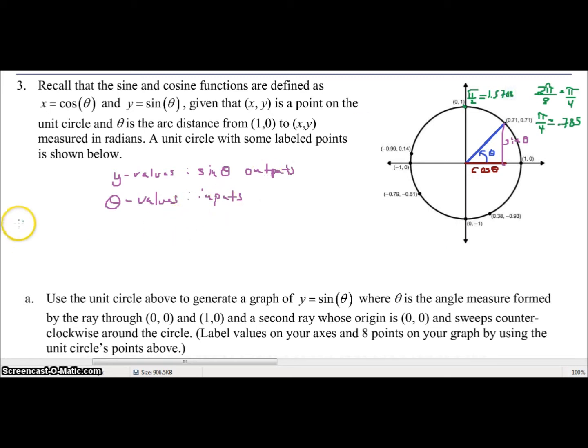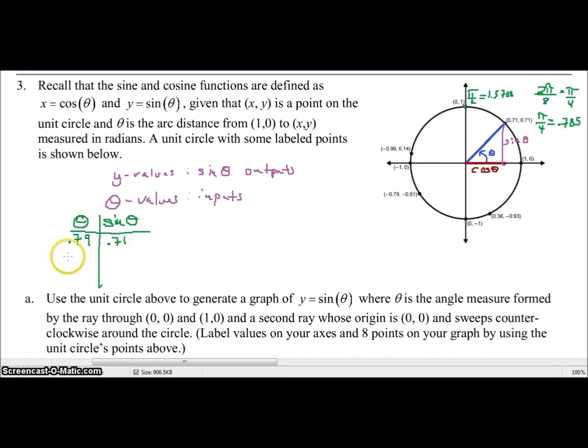I'm just going to make a little table here of inputs and outputs. So when the input is 0.78, 0.79 or so, the output sine of theta is the vertical distance here, the y value, 0.71.